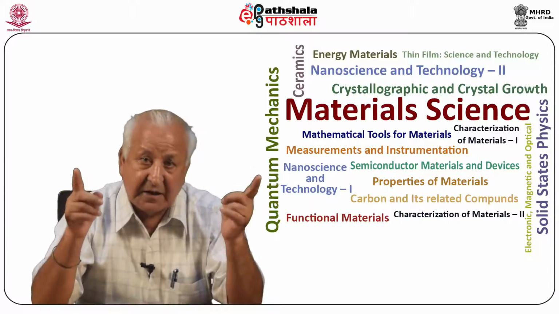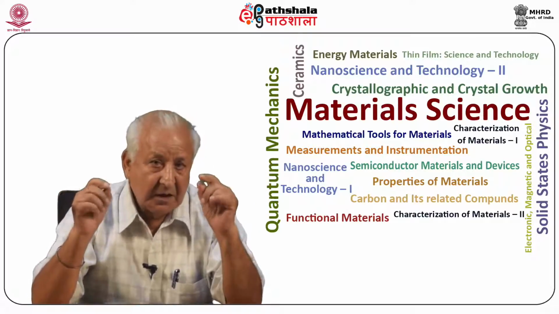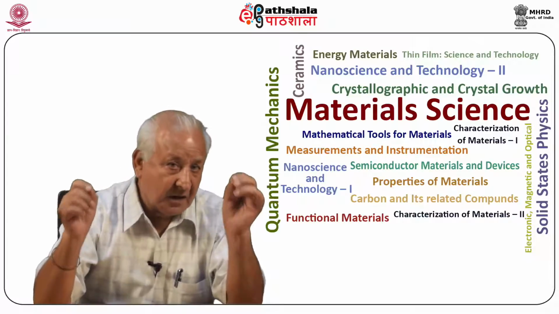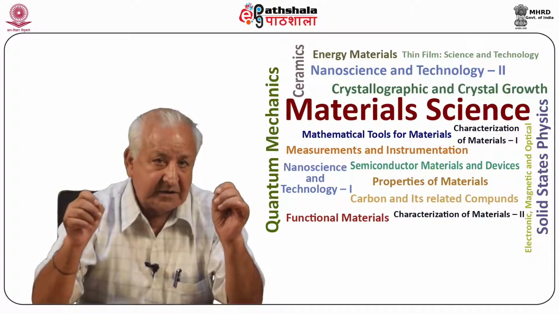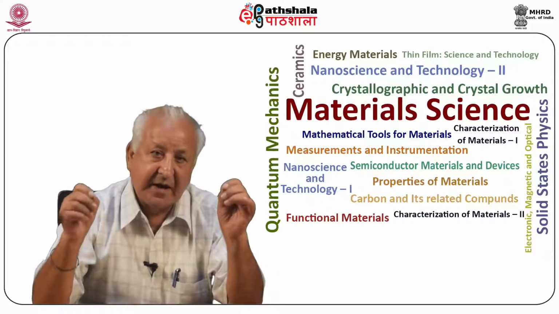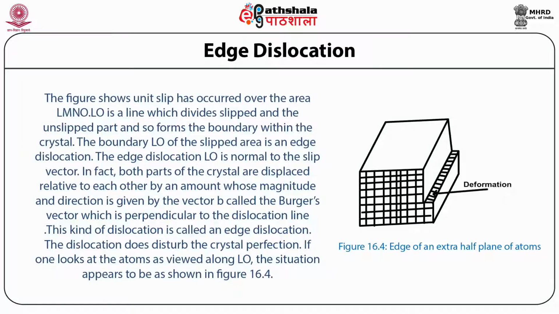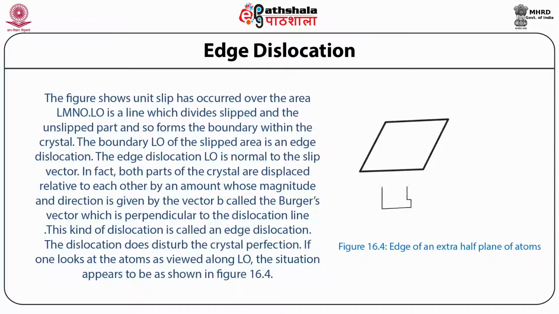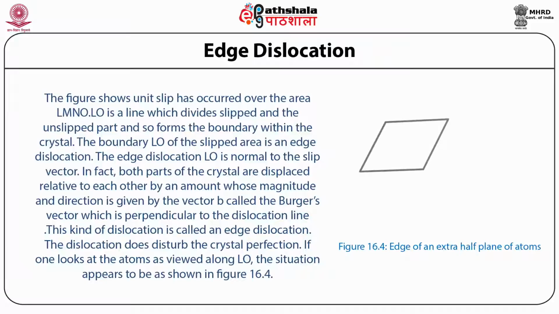However, in real crystals, slip is not uniform over a slip plane. Suppose unit slip has occurred over only a part of a slip plane as shown in figure 16.3, while the rest of the plane has remained unslipped. The figure shows unit slip has occurred over the area L, M, and O. LO is a line which divides the slipped and the unslipped part and so forms the boundary within the crystal.